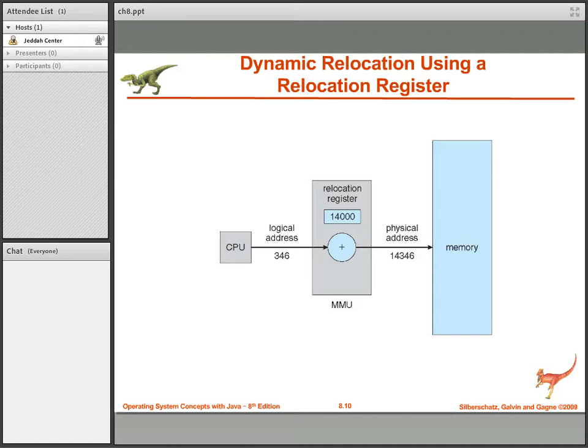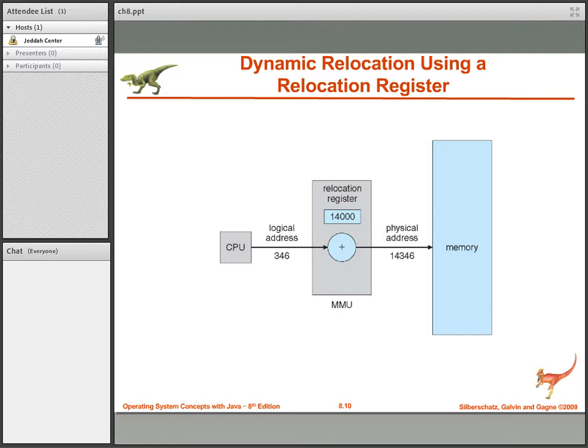In the memory management unit, you have a relocation register. Again, in this example, it is 14000, and this has to be added to the logical address that has been generated by the CPU in order to produce the physical address of the main memory.